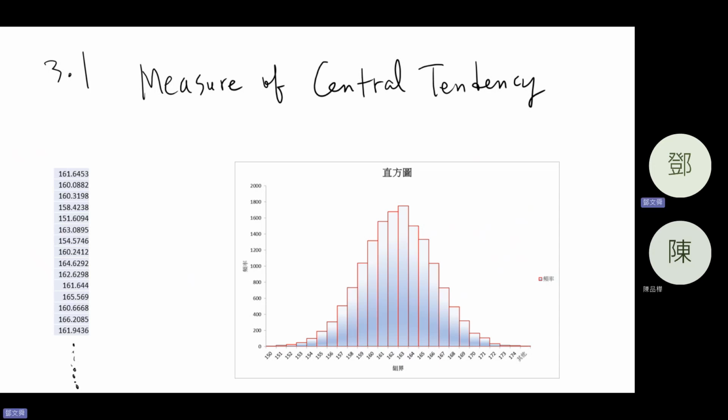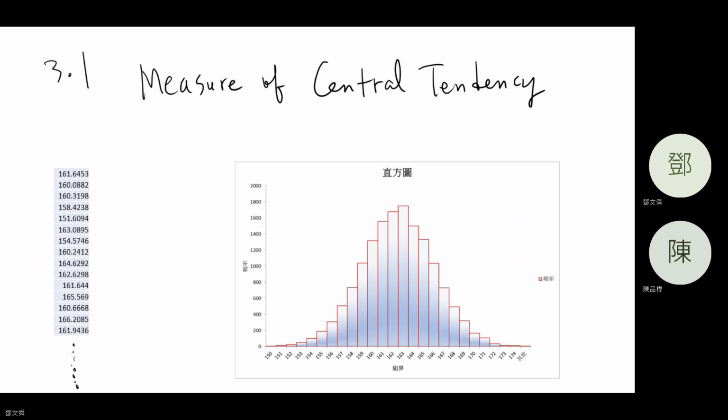The answer is, you can say the answer is yes. You can just use one value to represent all the 20,000 values. Which one is the most representative? Which one will serve the purpose best?